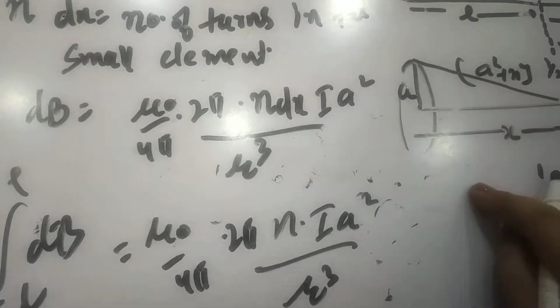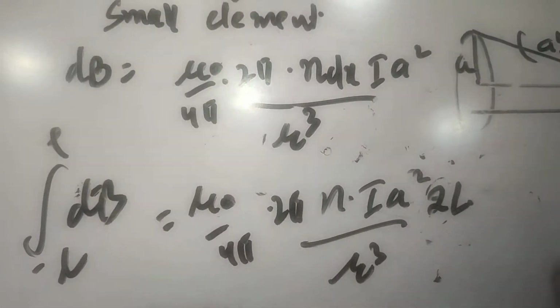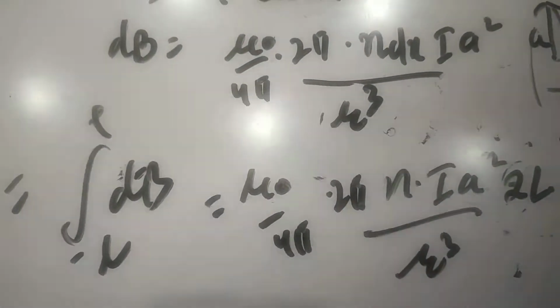So this is the total magnetic field at point P due to the solenoid.